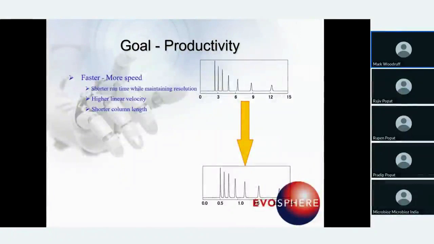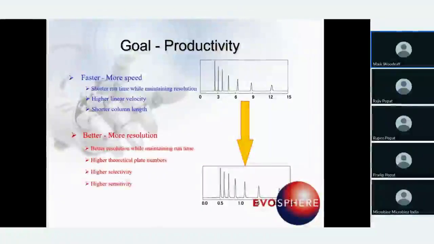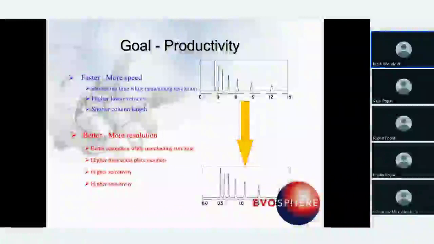But the main emphasis of this presentation today is that even if we're trying to speed up our analysis, can we do this whilst maintaining resolution? Because if we don't maintain the full resolution between all our peaks, then going faster is not really gaining us anything.